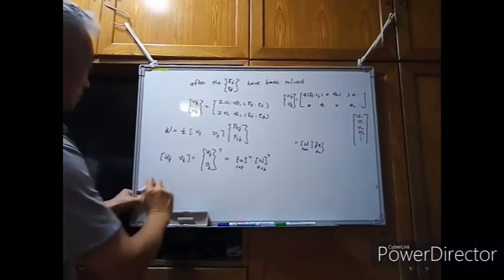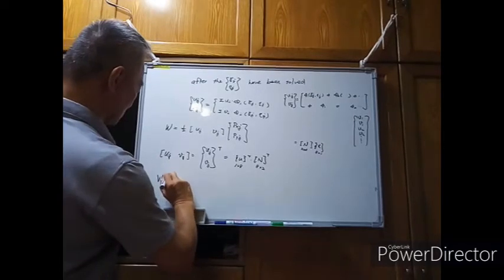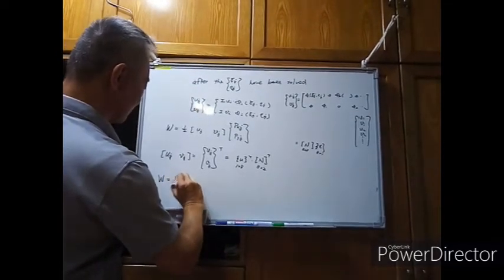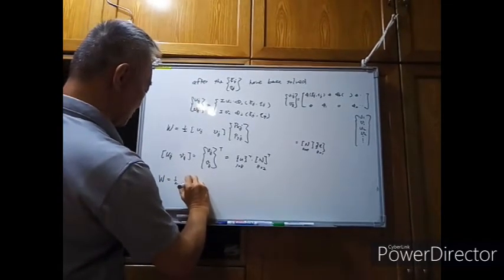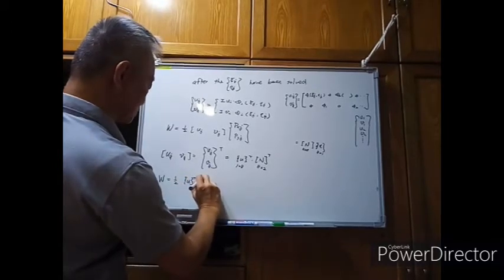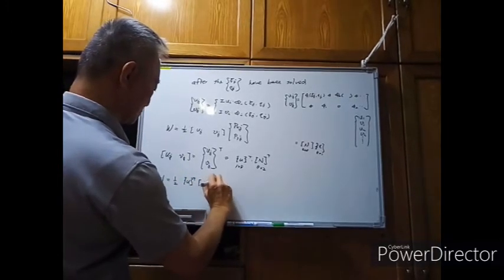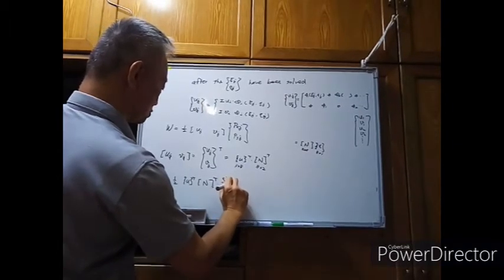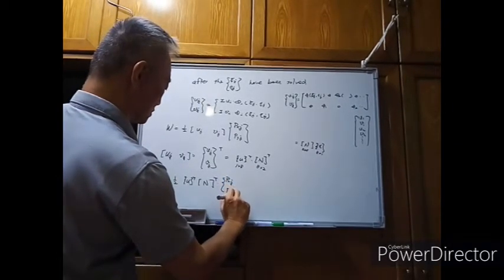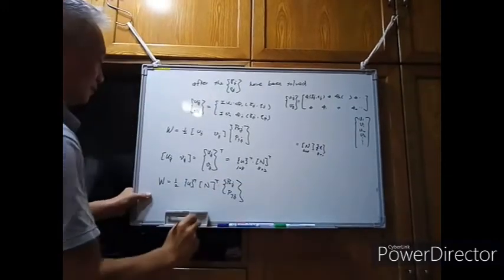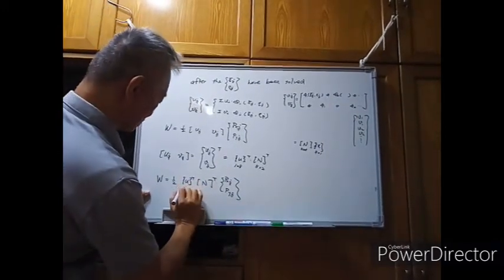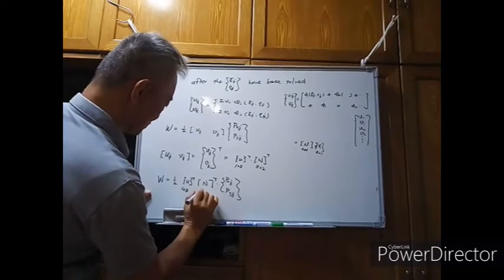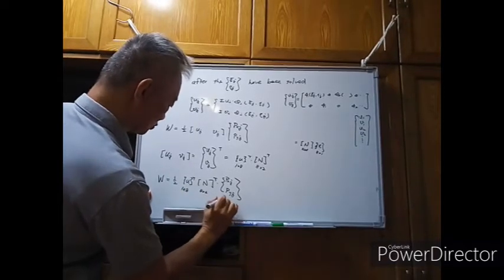And the work will be 1/2 u transpose times N transpose times pxj pyj. Okay, this is 1 by 8, 8 by 2, 2 by 1.